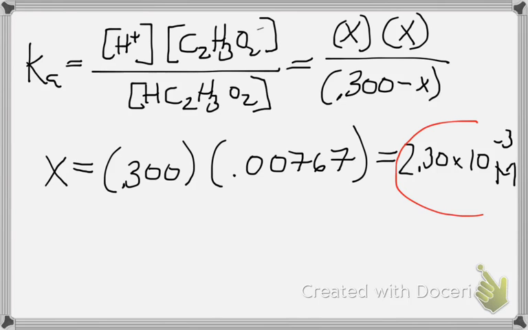Now we can take this value, since that's our X, and plug it in for those X's in all three places. We don't need to use the approximation rule because we've got our X right there, so why bother?